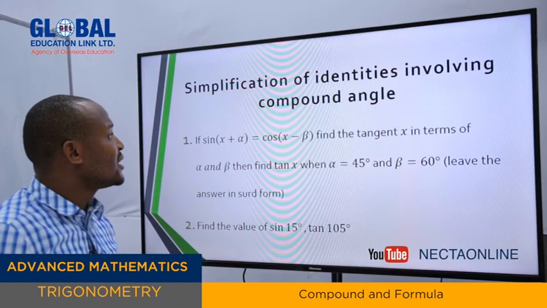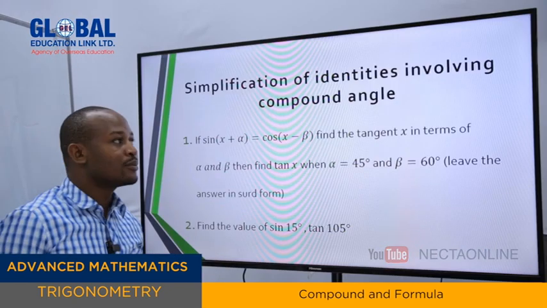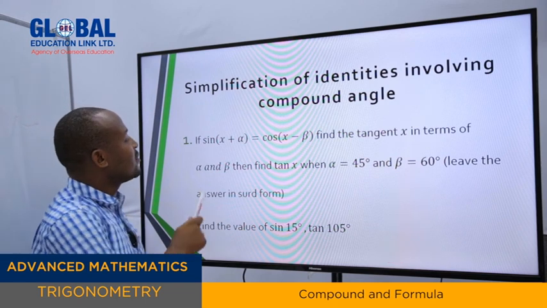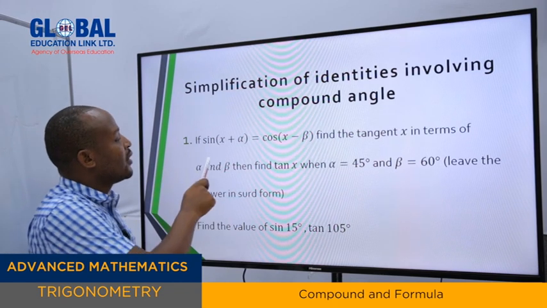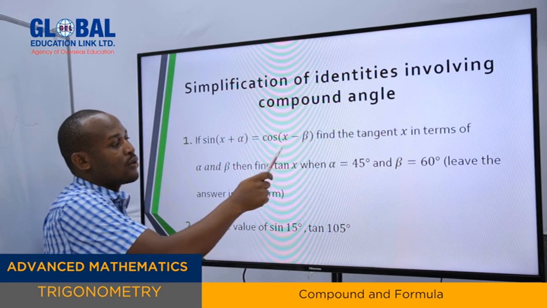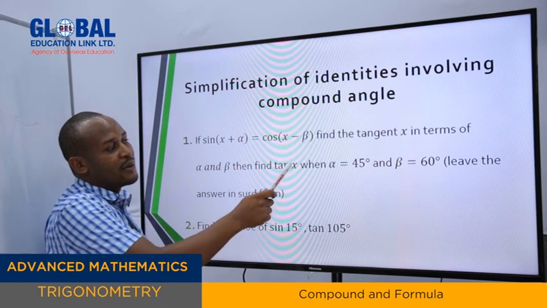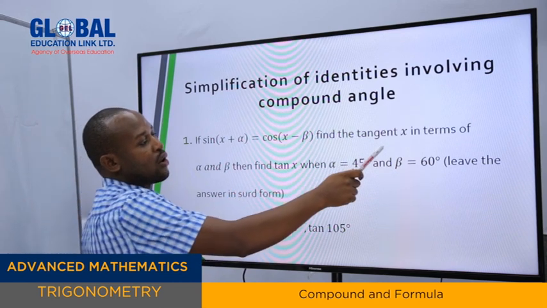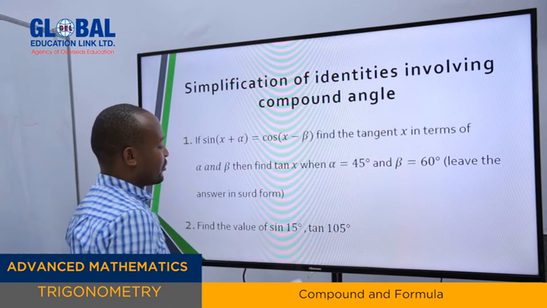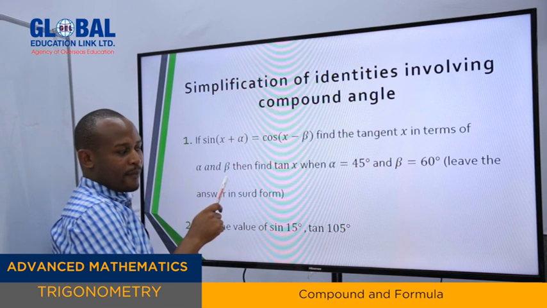Now we have simplification of identities involving compound angles. For example, there we are told: if sine of x plus alpha is equal to cos of x minus beta, then find the tangent of x in terms of alpha and beta.